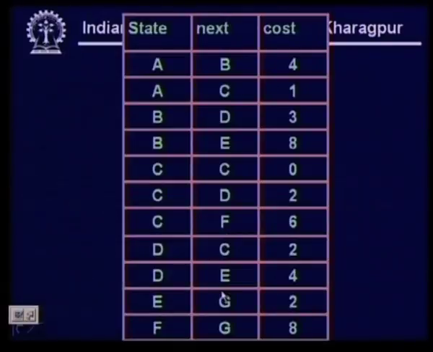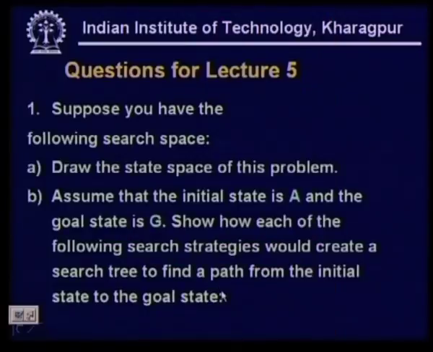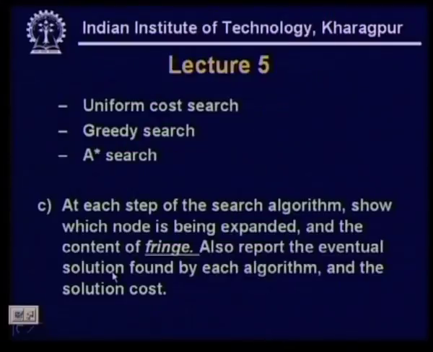Okay. So, given this state space, you are required to draw the state space of this problem. Then we assume that the initial state is A and the goal state is G. For this state space, you have to trace each of the following search strategies to create a search tree and to find a path from initial state to the goal state.